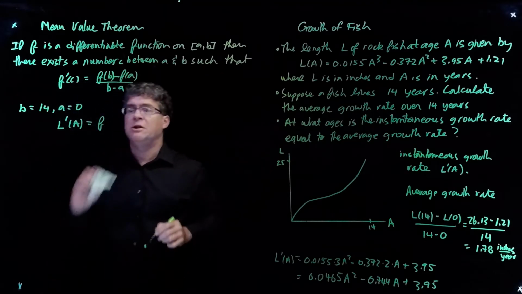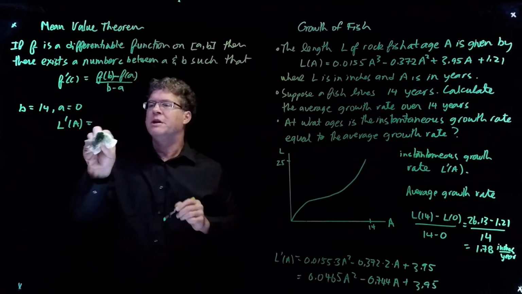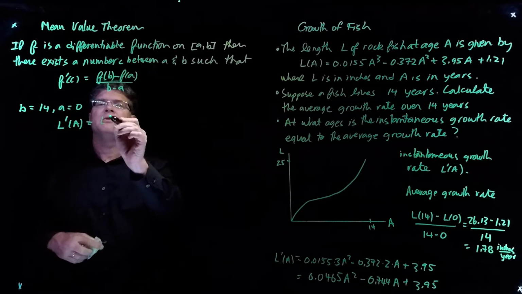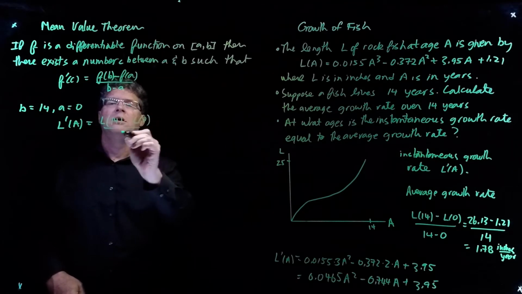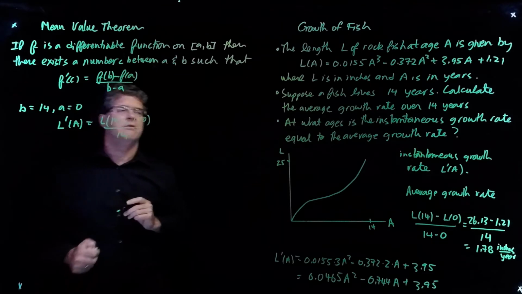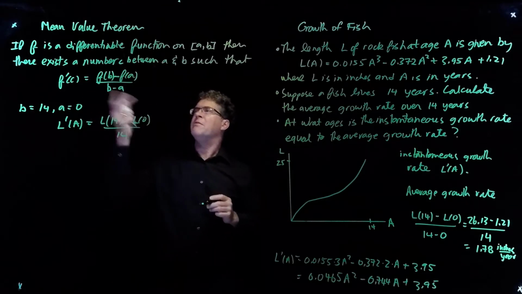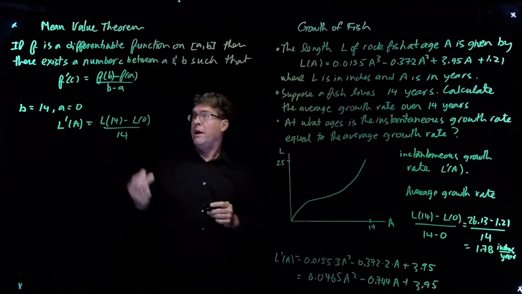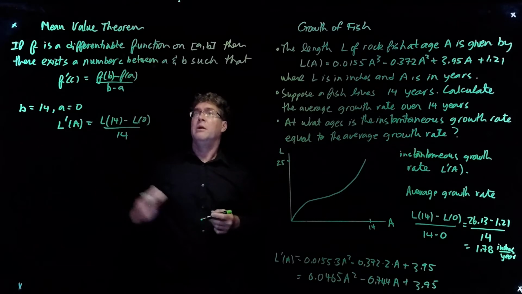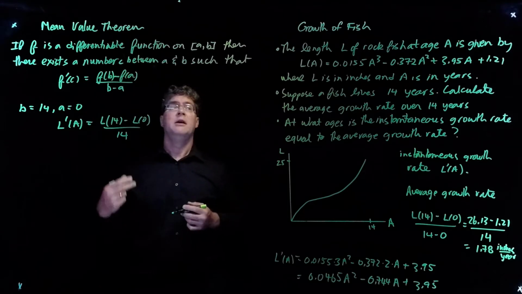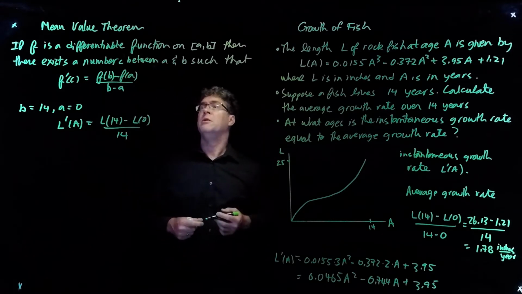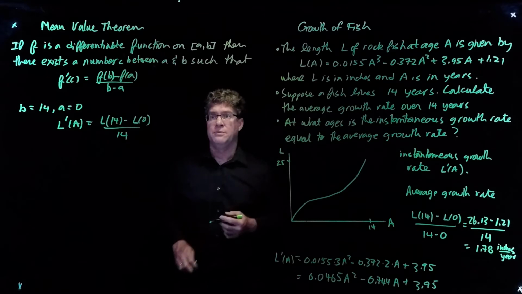We're calling the function L here instead of f, but it's still a function. By the mean value theorem, there must be a number between 0 and 14 that satisfies this, because the cubic polynomial is a differentiable function.